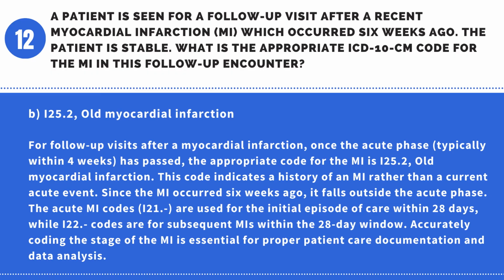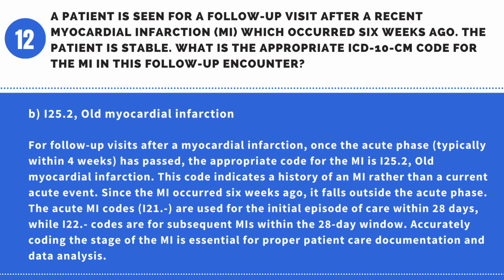Answer: B. I25.2, old myocardial infarction. Explanation: For follow-up visits after a myocardial infarction, once the acute phase, typically within 4 weeks, has passed, the appropriate code for the MI is I25.2, old myocardial infarction. This code indicates a history of an MI rather than a current acute event.